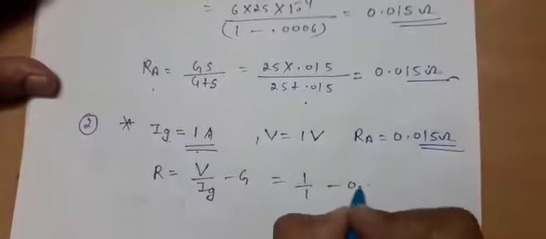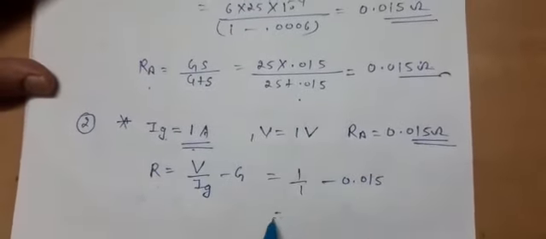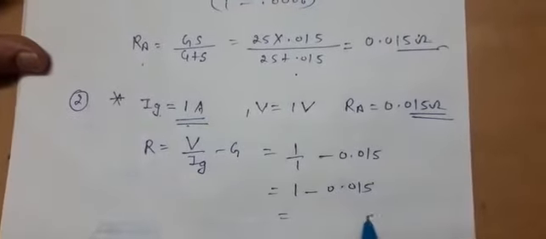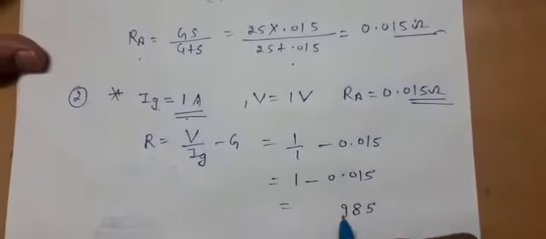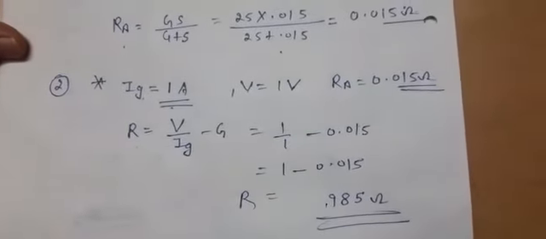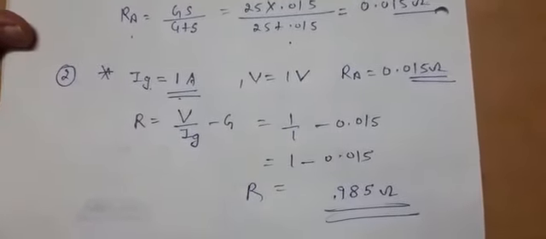Just by substituting the values here, you can calculate the resistance: 1 upon 1 minus 0.015. You will just do the calculations. The resistance comes out to be 0.985.